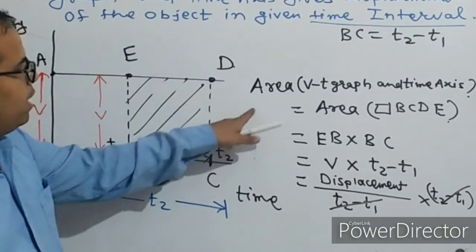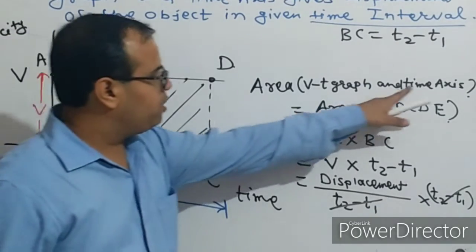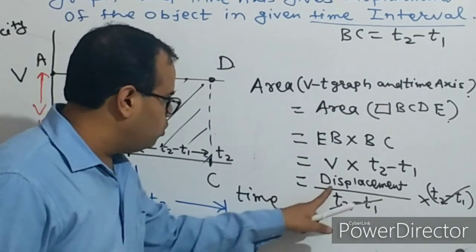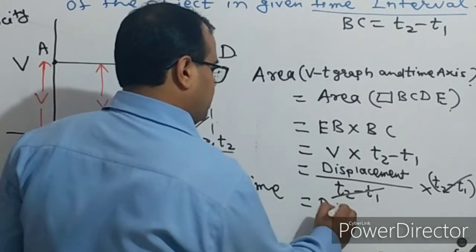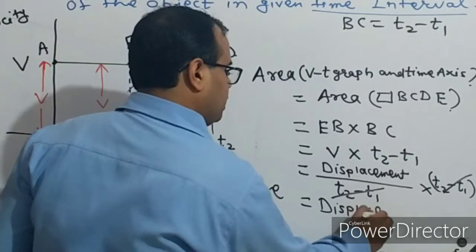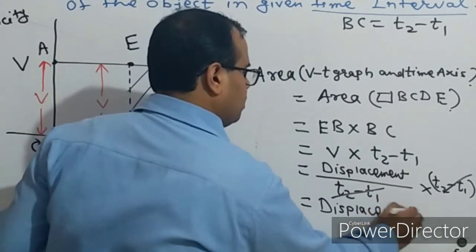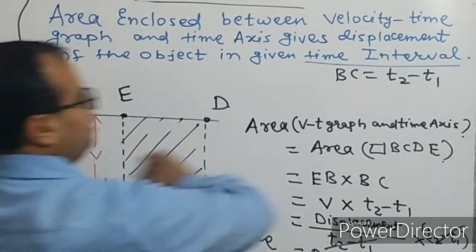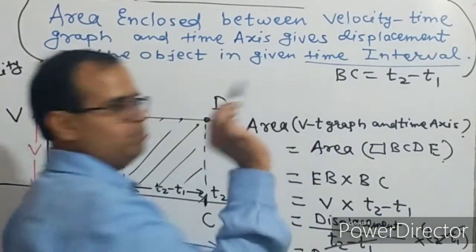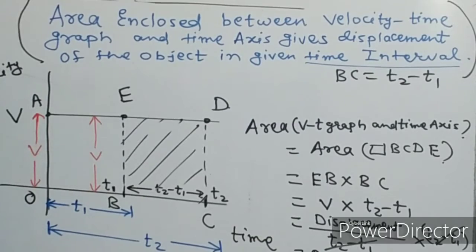So what you are getting is that the area enclosed between the velocity time graph and the time axis is equal to displacement. This is what you had to show, that the area enclosed between the velocity time graph and the time axis gives the displacement of the particle in the given time interval. I hope it is clear to you.